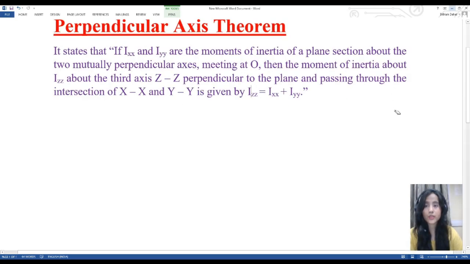Now the second theorem is the perpendicular axis theorem, and let me read its statement again.